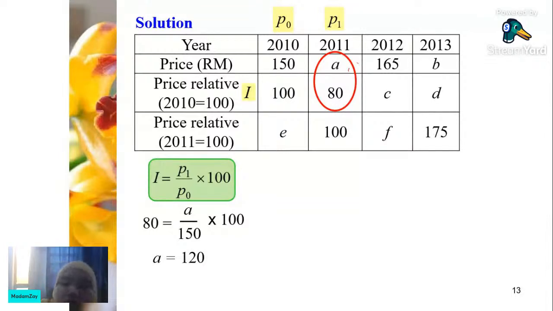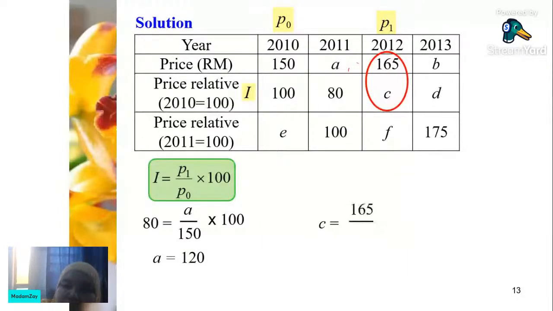Okay, now for the next value. We do C first. What is C? C is the index in 2010 base, the index of the price of 2012 with 2010. So C equals 165, the price in 2012, divided by the base year price in 2010, which is 150, multiplied by 100, so we get C equal to 110.